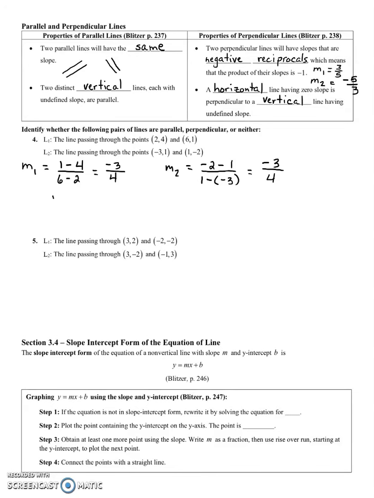So if we look, the slope of the first line equals the slope of the second line, which means L1 and L2, our two lines, are parallel.